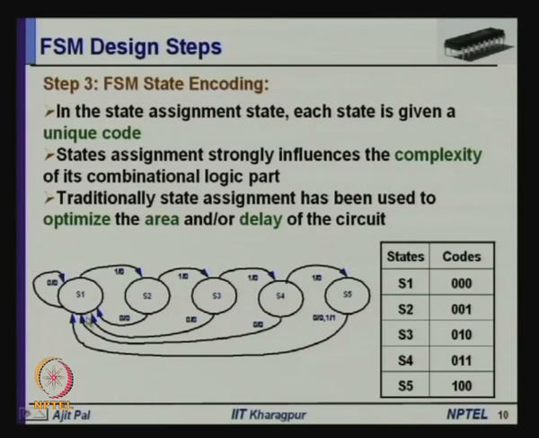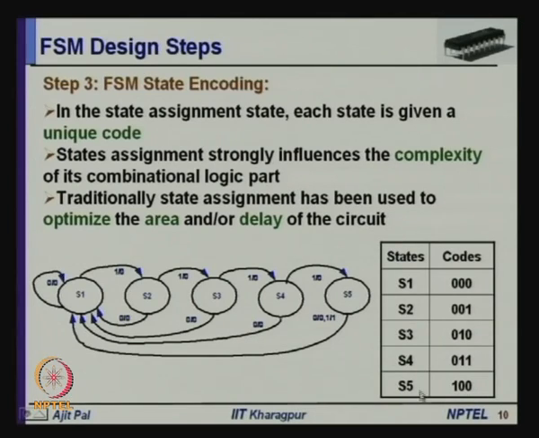For the example that I mentioned in the beginning, the machine that detects 5 ones in a sequence, the state assignment is shown here. It has 5 states S1, S2, S3, S4 and S5, and you can see the codes I have just given serially. S1 is given the code 000, S2 is given 001, S3 is given 010, S4 is given 011, S5 is given 100.